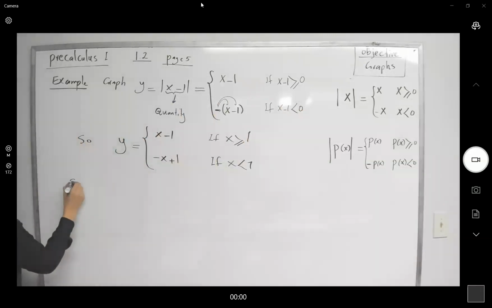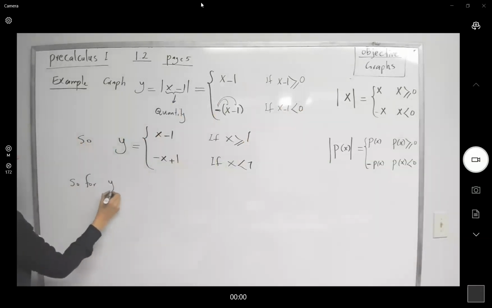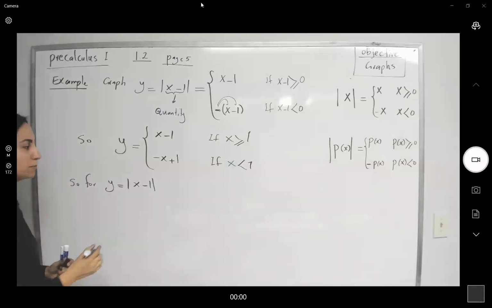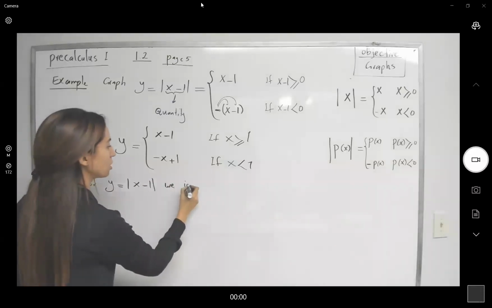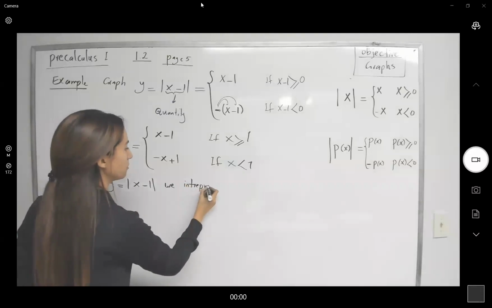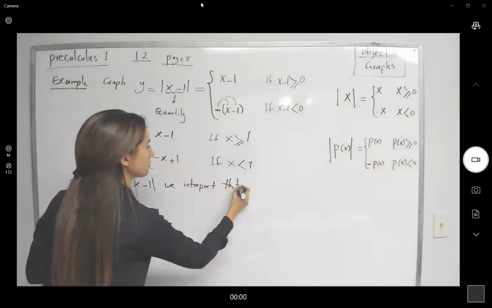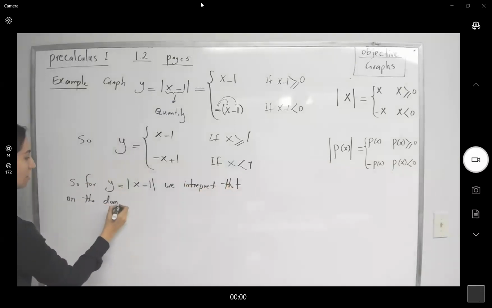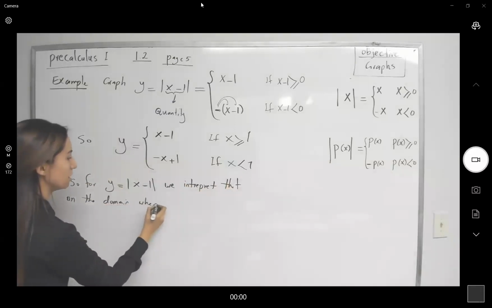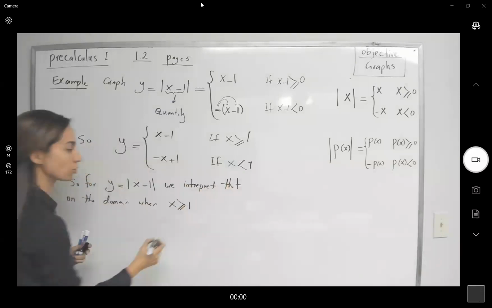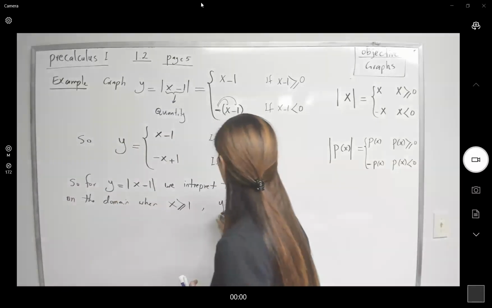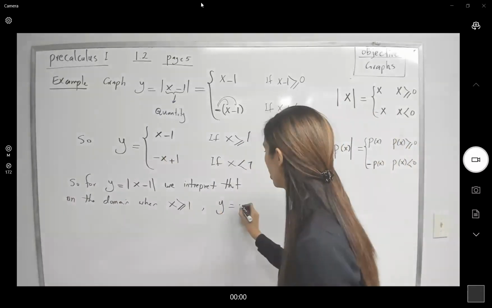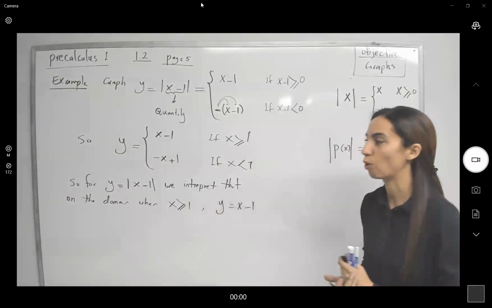So for y equals the absolute value of x minus 1, we interpret that on the domain when x is larger than or equal to 1, y, the output value, is equal to the line x minus 1.